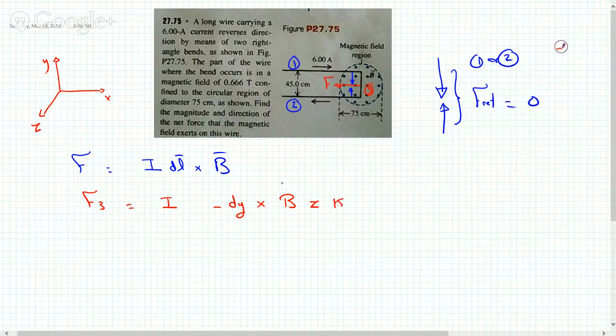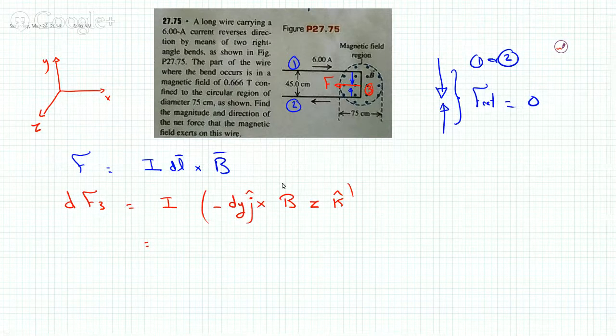So this is in the k, and the dy is obviously in the negative j. If you take the cross product of these two vectors, this will give me a small infinitesimal piece of the force.